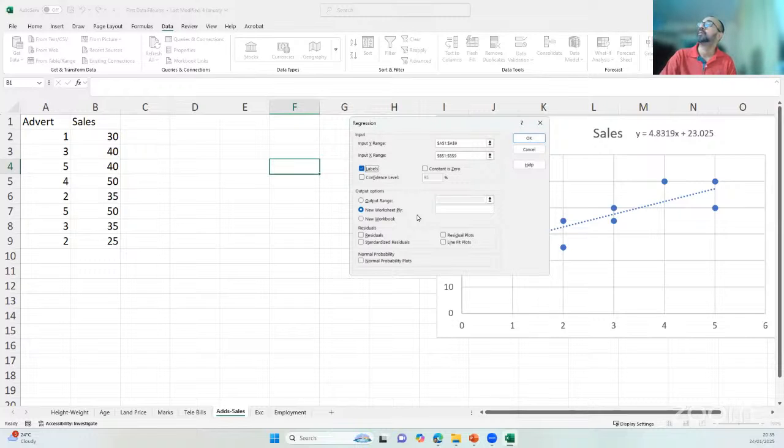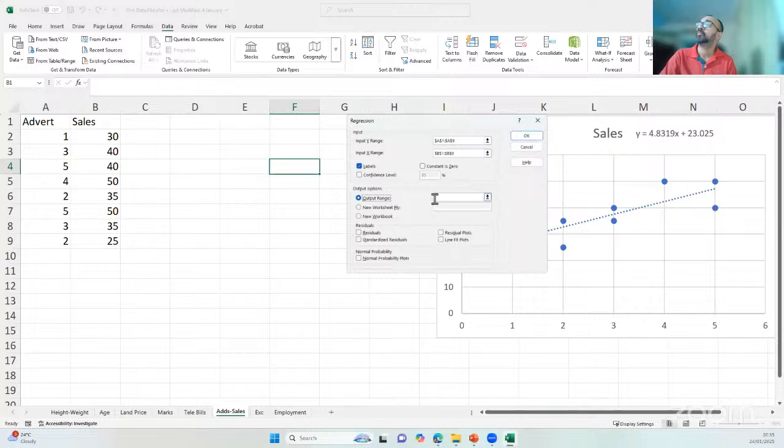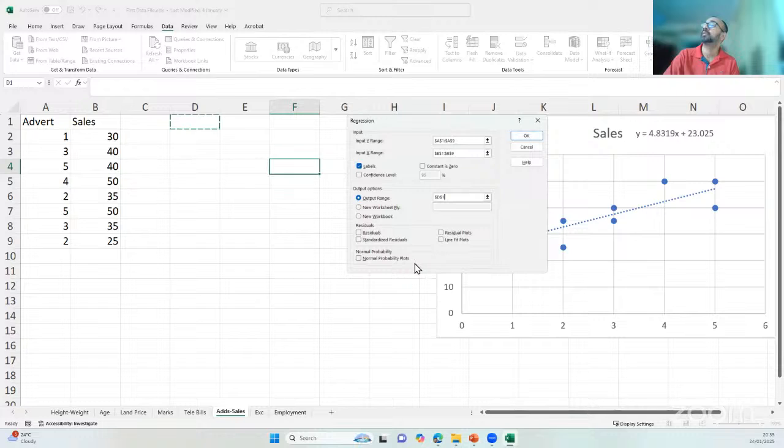Then what do we want? Various different options are there, but without selecting those, I will select the output, where I want it. I want it here on this page, so I will click here, D1. Other things I don't select any. Then I click OK.